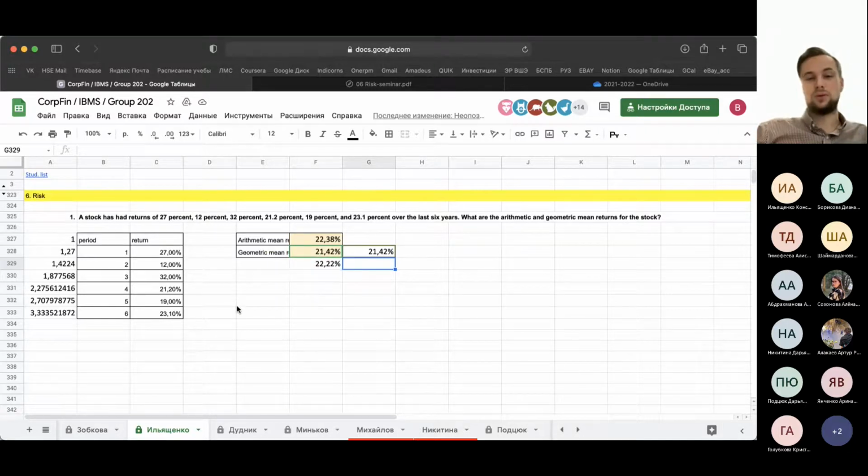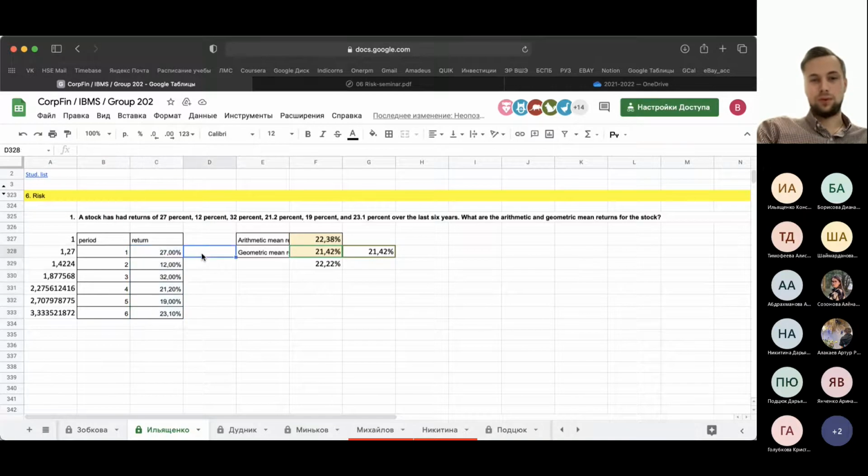So what we're going to find here is how on average our stock grew during these 6 periods. Yes, and we should incorporate the concept of compounding here. So we cannot just take the geometric mean of these returns.